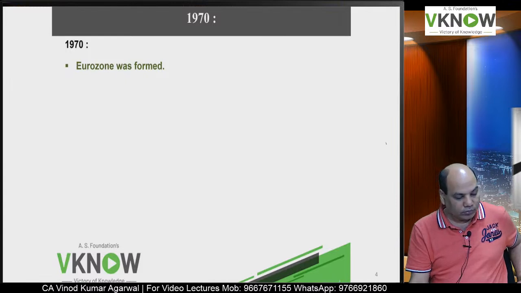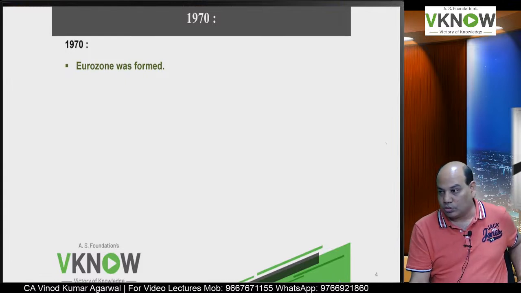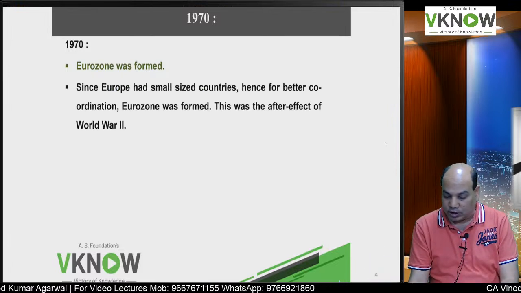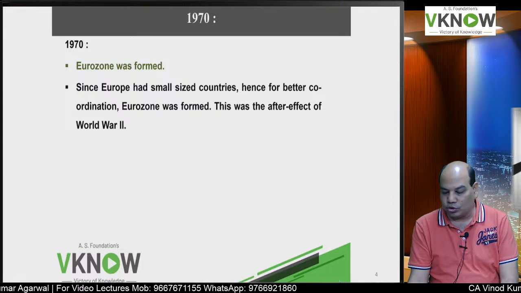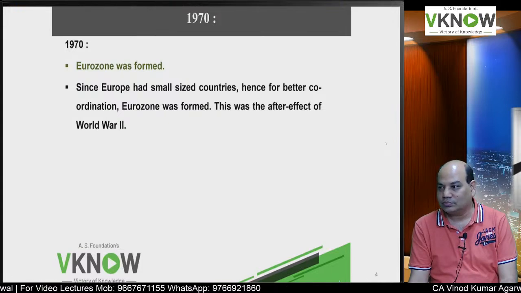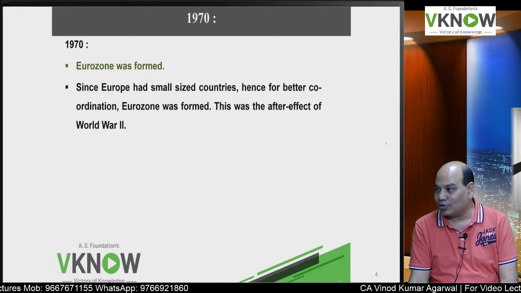So we'll go as far as 1970. In 1970, Eurozone was formed. That means a group of European companies came together. As you know, Europe has got many small sized countries. Some countries may have a population of 20 lakh, 5 lakh, 50 lakh, 1 crore.